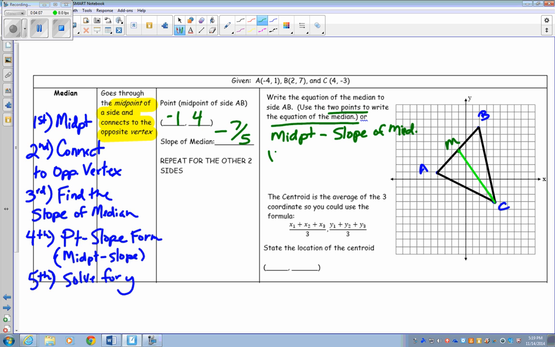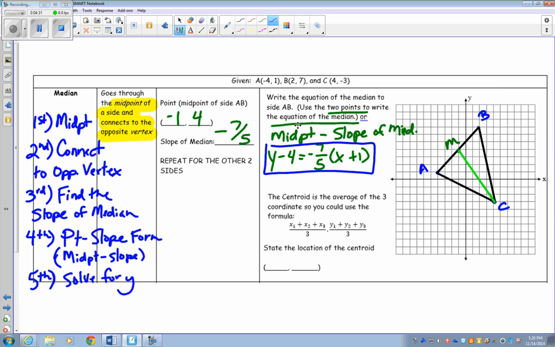So this would be y minus 4 equals -7/5 times (x plus 1). Then we could solve for y, but it doesn't really specify, so we could technically leave it as that. Let's leave it instead of solving for y. So there's my equation for my median.